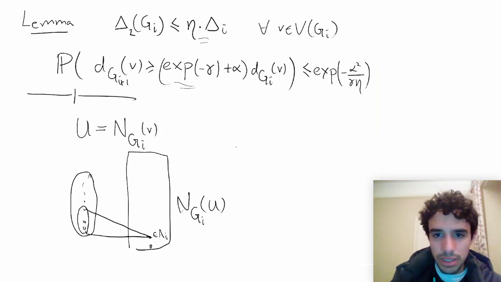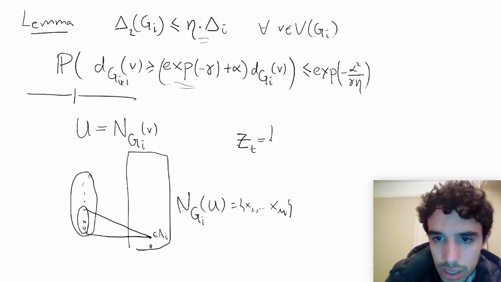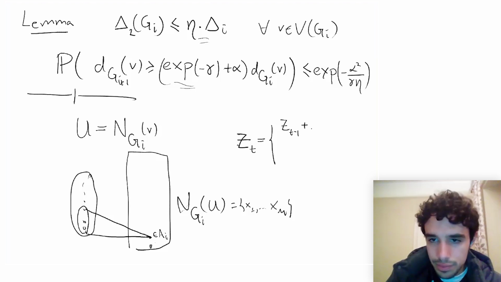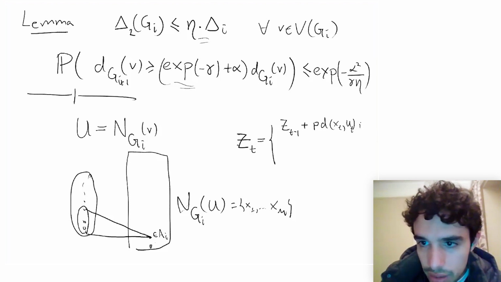And so you can define a very natural martingale. You order these vertices x_1 up to x_m, and our martingale will be some Z_t, which is Z_{t-1} plus p times the degree of x_t to U_t if x_t is not in A_i.